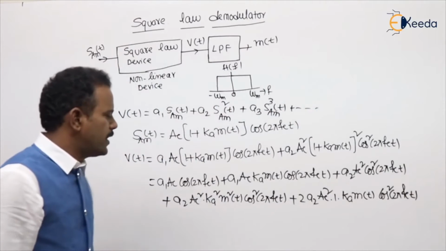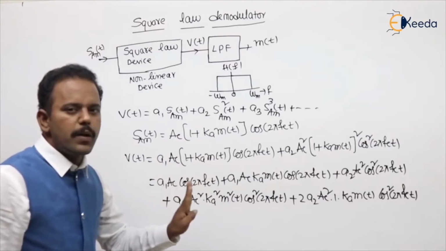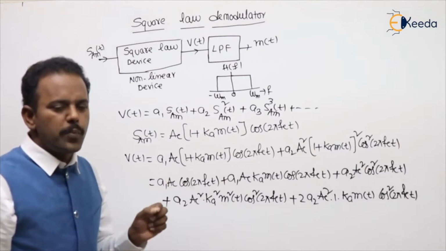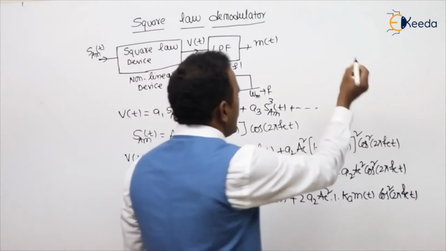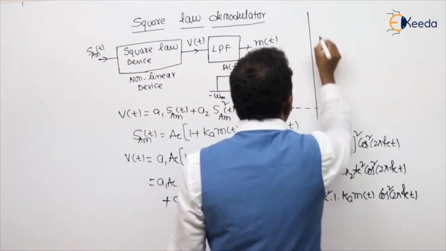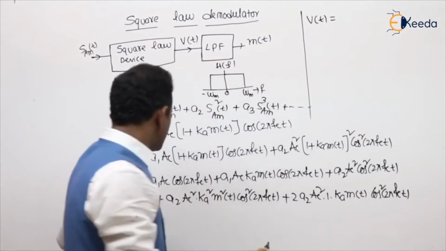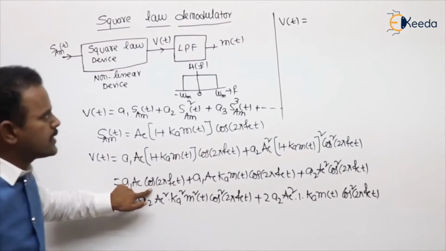The last step is that wherever there is a cos square, write it as (1 plus cos 2a) by 2, that is 1 plus cos 4 pi fc t by 2. Are you following my point? So, I am writing here V of t equal to, students, what is the first term? The first term is A1 Ac cos 2 pi fc t, kept as it is.